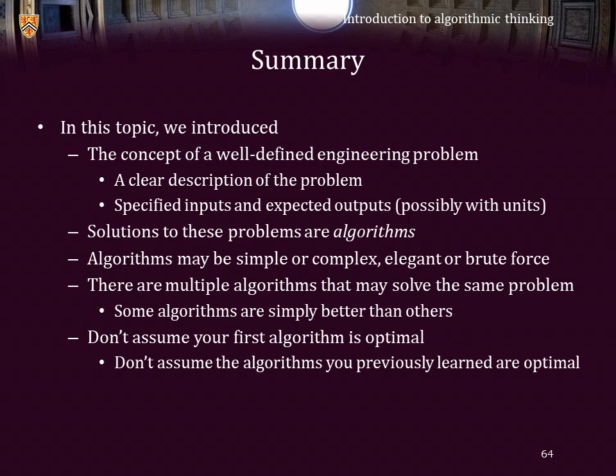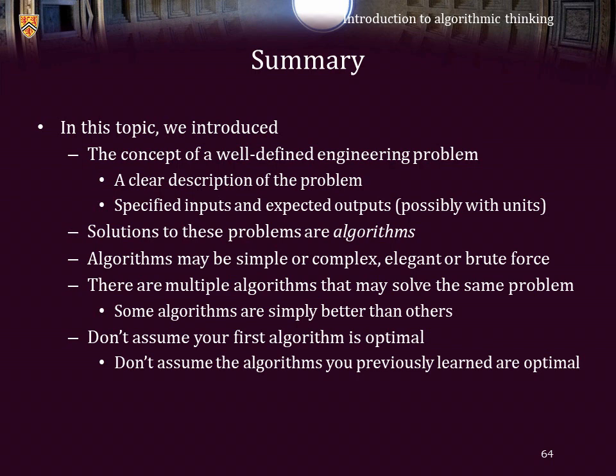Now, there are some problems that can be solved through algorithms, that is, explicitly and well-defined sequences of steps which, if followed, will produce a solution. Algorithms may be simple or complex, elegant or brute force. Sometimes you may be able to see very quickly that an algorithm works. Other times, the algorithm may actually solve the problem, but there's no real hint as to why it does.